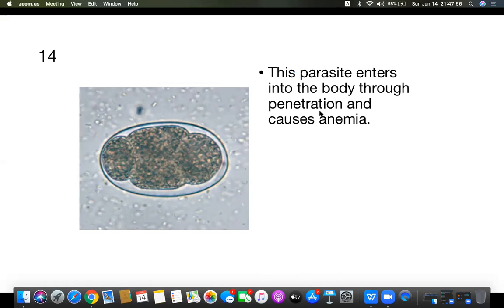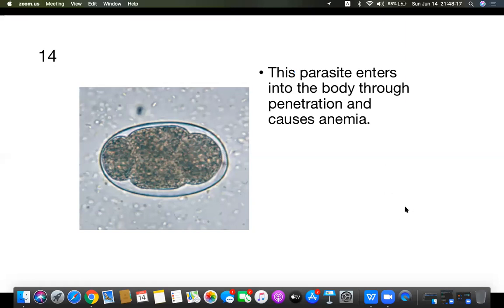Now, see there, the clue is given to you. The egg is the first one. It enters into the body through penetration and then causes anemia. So let me talk a little bit about hookworm infestation now. Now, the adult hookworms live in the duodenal area. Now, the female hookworm passes the egg.